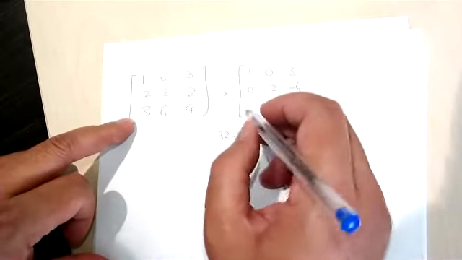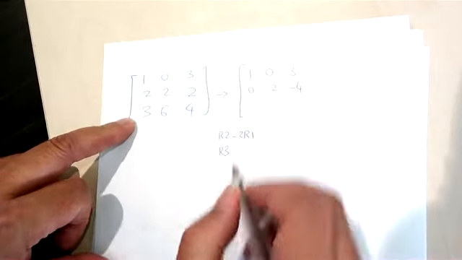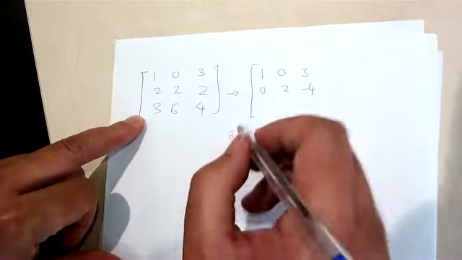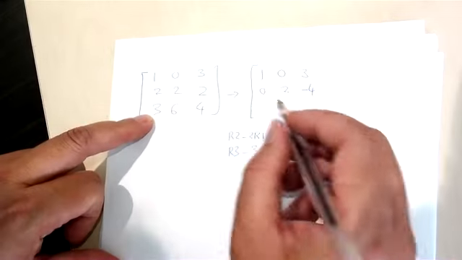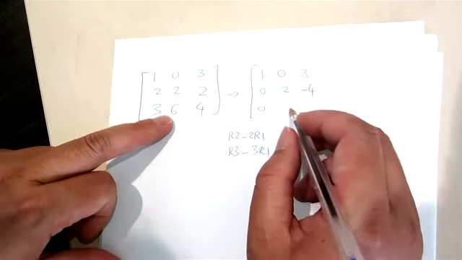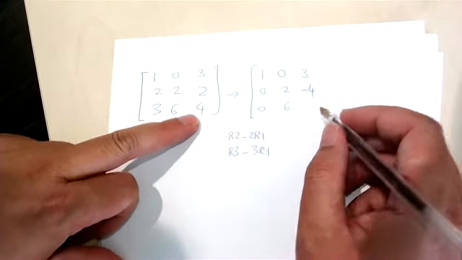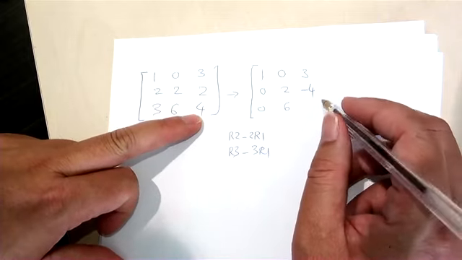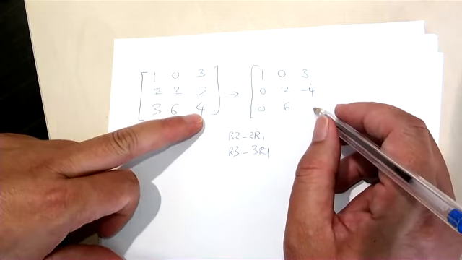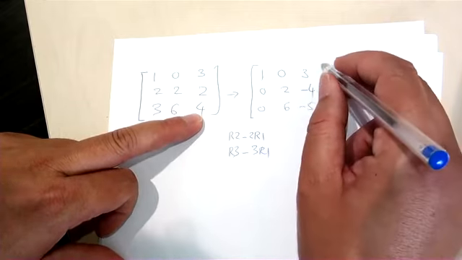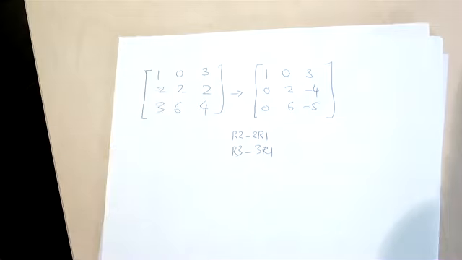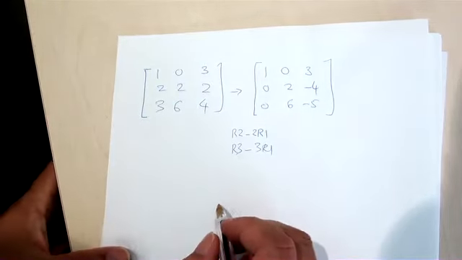And then you take row 3 minus 3 row 1. This one gives you 0, this one gives you 6, and this one gives you 4 minus 9, so minus 5. Okay, one step of the Gaussian elimination.